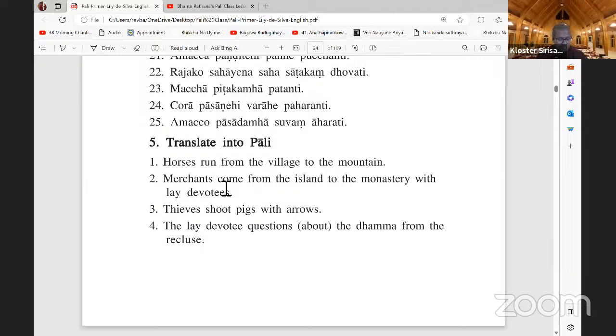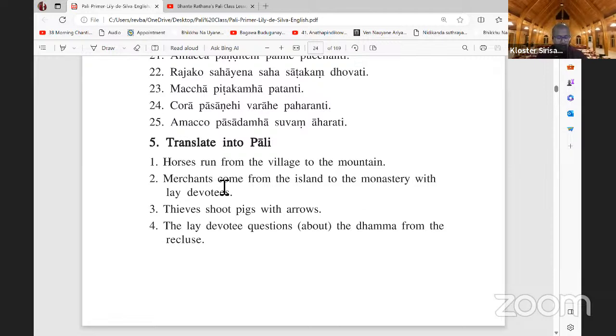The second sentence, Vanija upasake sadding deepamha viharang agachanti. It's also the same. So monastery, right? The merchants first, Vanija, right?